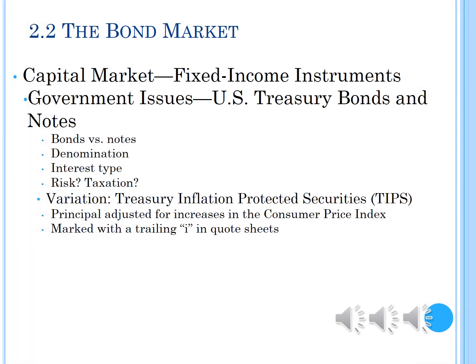Now we can move on to the bond market. The bond market is composed of longer term borrowing or debt instruments than those that trade in the money market. This market includes treasury notes and bonds, corporate bonds, municipal bonds, mortgage securities, and federal agency debts.